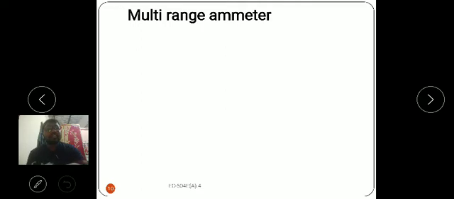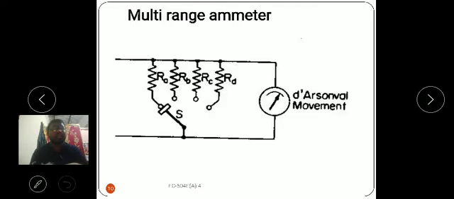Here we are observing one circuit diagram: the D'Arsonval movement in shunt with different resistors, RA, RB, RC, RD. That means I am using four different resistors connected in shunt to the meter. This is called the multi-range ammeter.